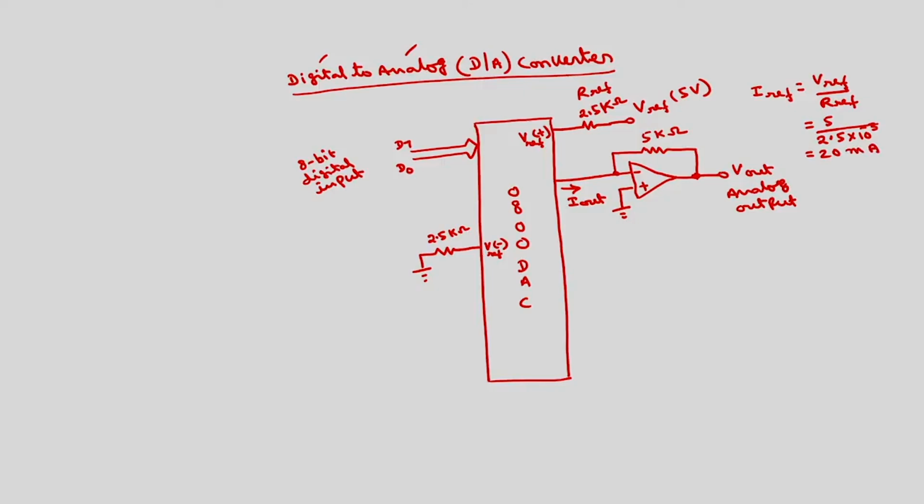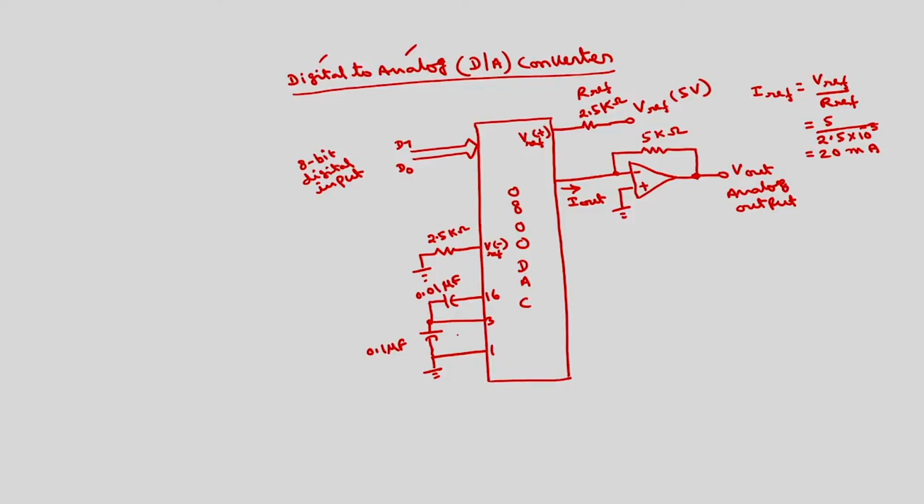Then we have some threshold control signals. This is pin number 1, 3, 16. This is 0.1 microfarads, this is 0.01 microfarads.